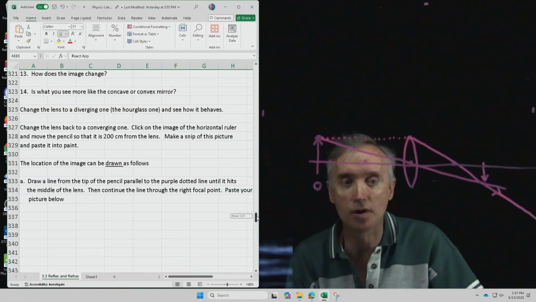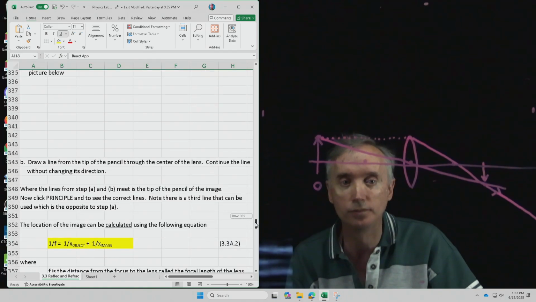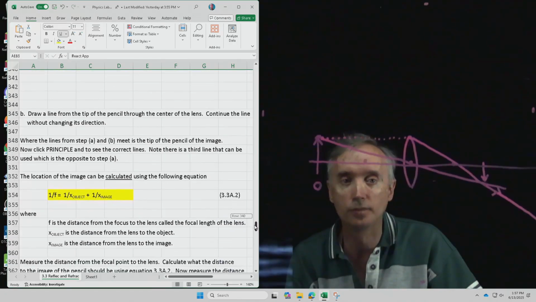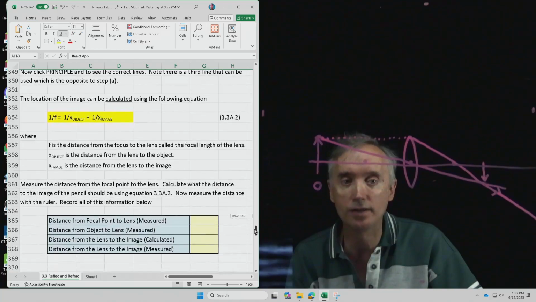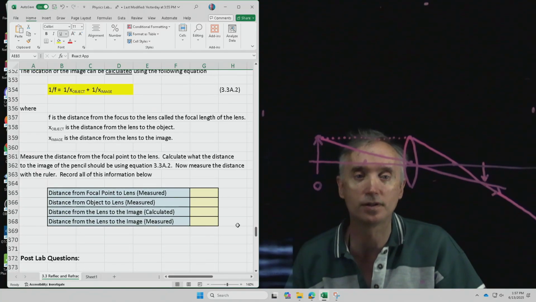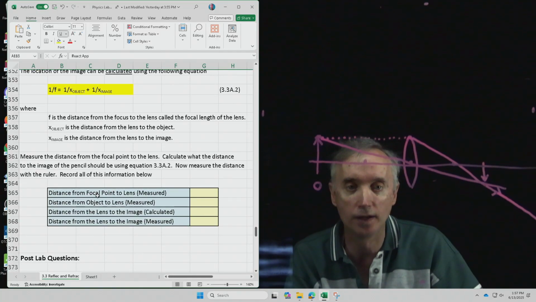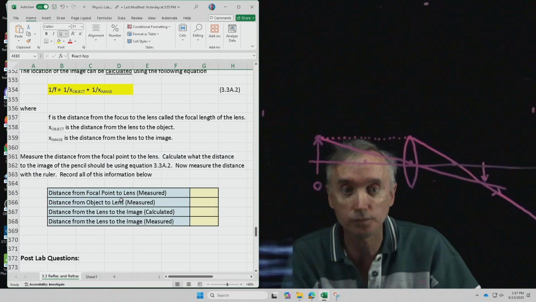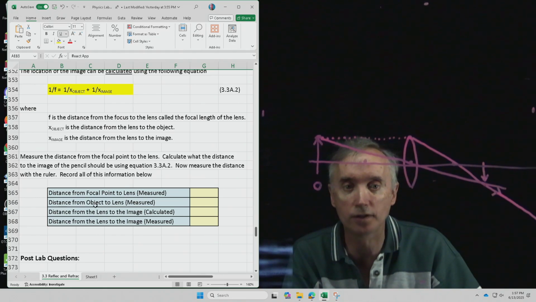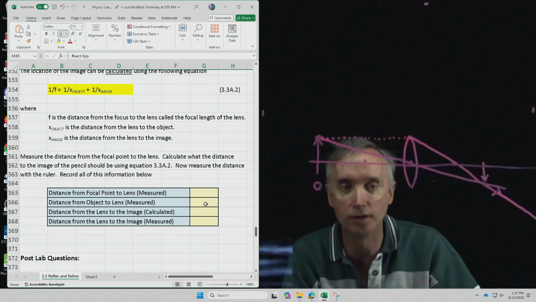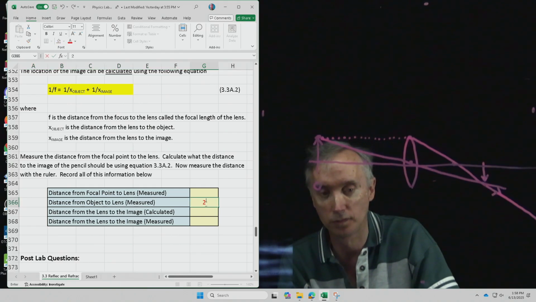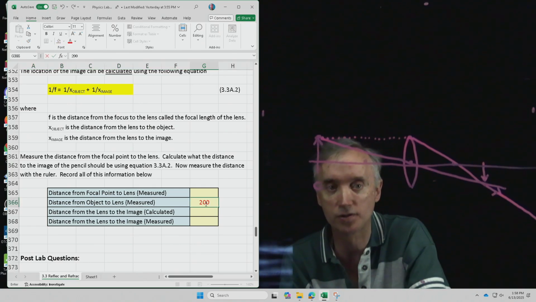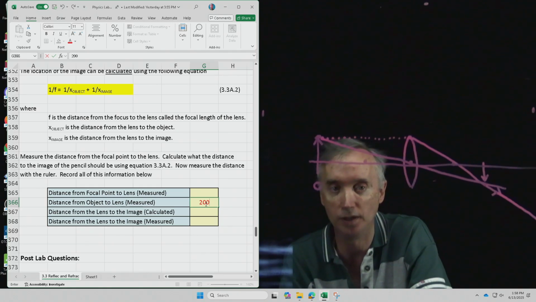Okay, so this is all the stuff that you're going to be doing. And you're going to take that measured distance and put it down here. Now this one, distance from the focal point to the lens, you can measure that with your ruler. Distance from the object to the lens, well, that's the 200. So we know what that one was. So that's 200 centimeters.